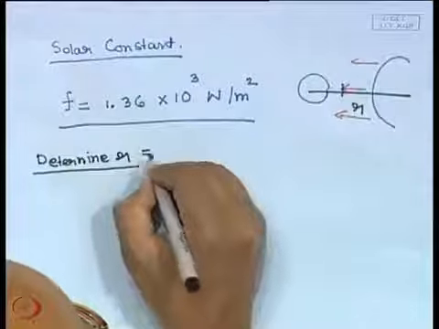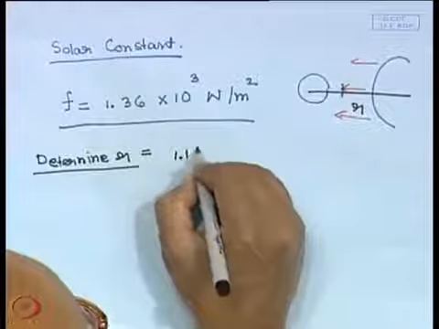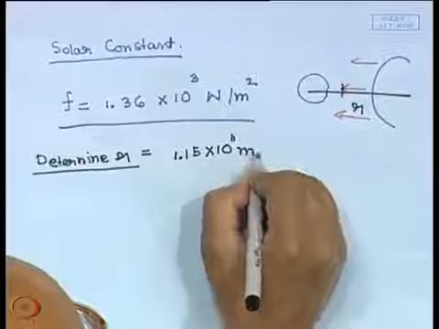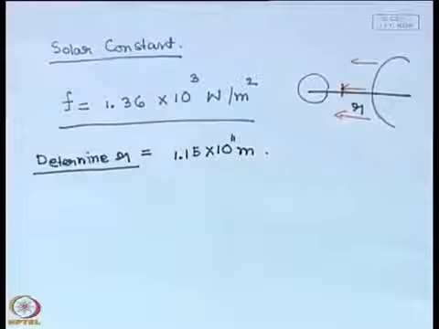It is well known now that this has a value 1.15 into 10 to the power 11 meters. We have discussed this. This is what is called the astronomical unit.